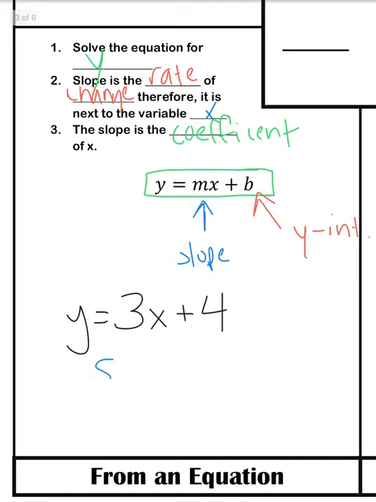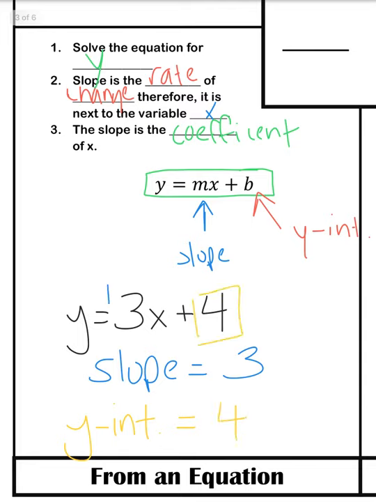I would know here that my slope equals positive 3 and my y-intercept equals 4, because I know the different parts of my equation.